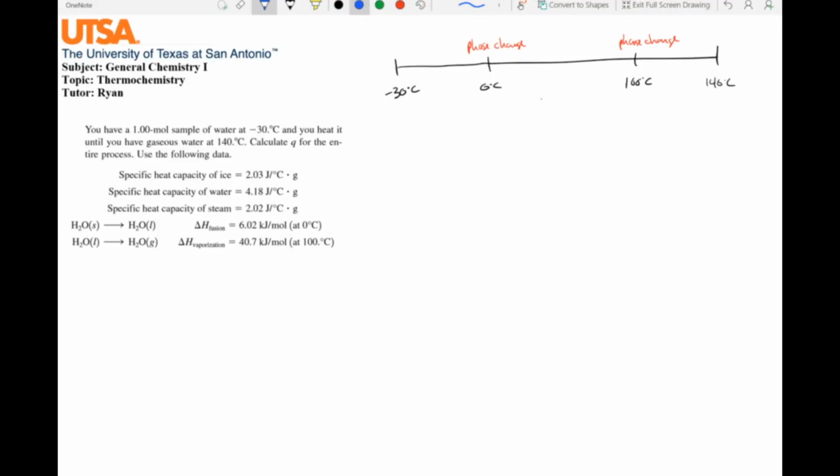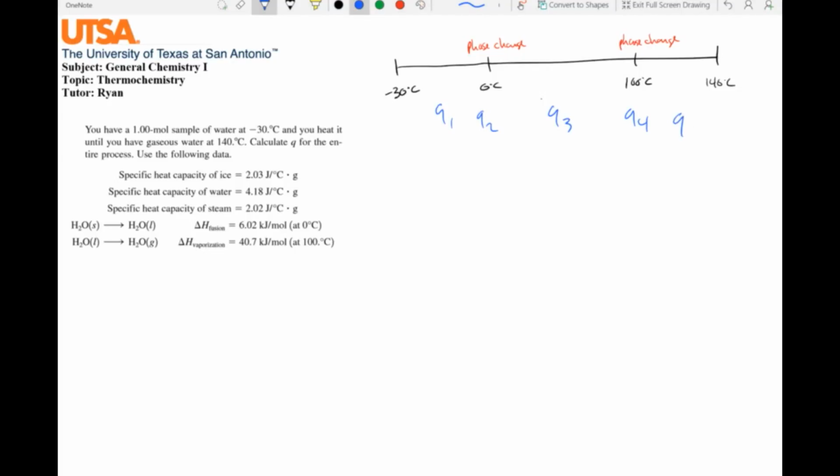Okay, so Q1 will be from negative 30 to 0. That's the amount of energy it takes to go to 0 degrees Celsius from negative 30. Then we need to calculate how much energy it takes to change states, so solid to liquid. Then Q3, that's going from 0 degrees Celsius to 100. Q4, again, we need to find the amount of energy it takes to change from a liquid form into a gaseous form.